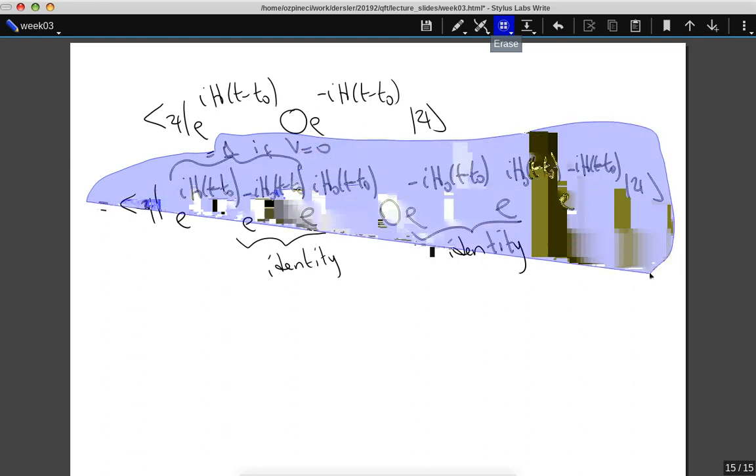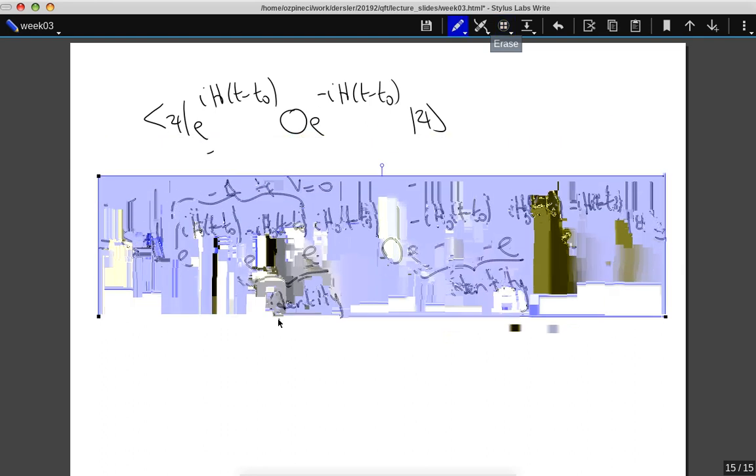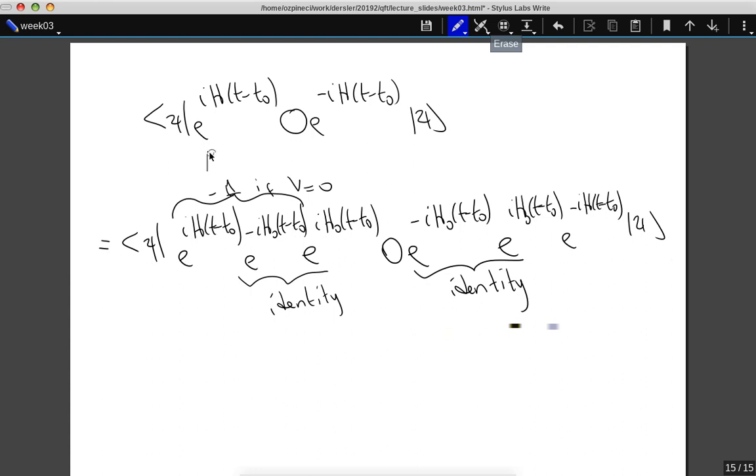So the trick will be essentially to calculate this thing as a Taylor expansion in V. If V is small, its deviation from identity will also be small. So this is what we call the interaction picture. In the interaction picture, this is how we define the operators.